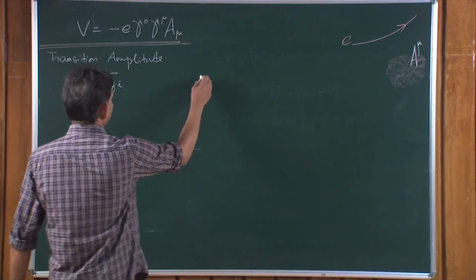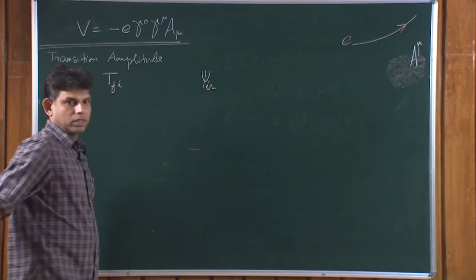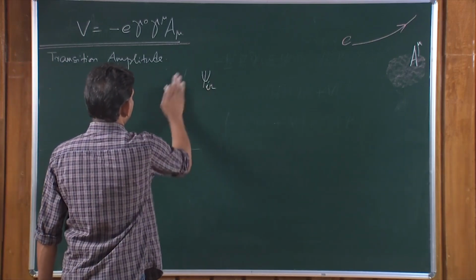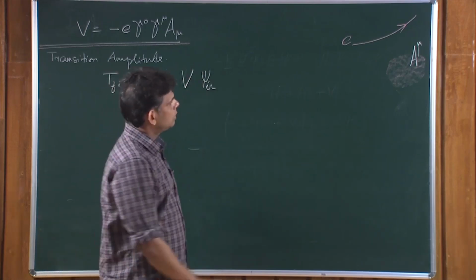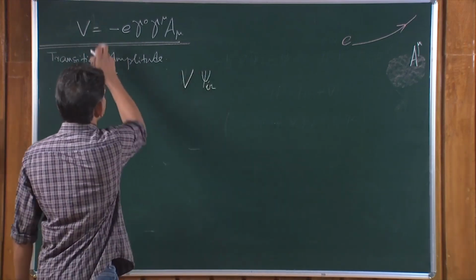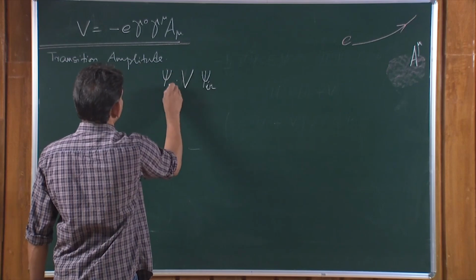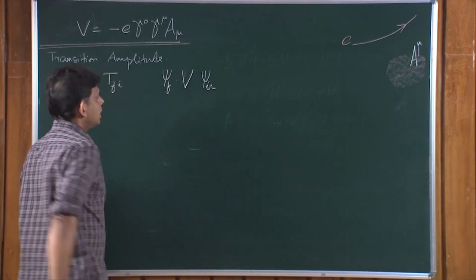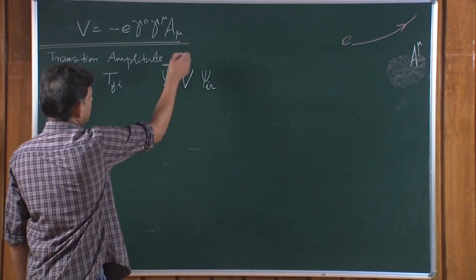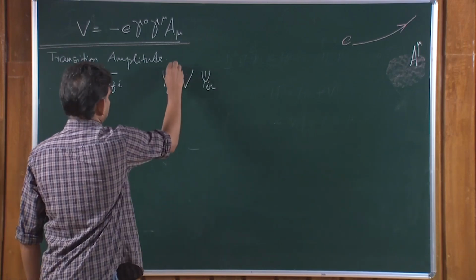So, the electron is represented by an incoming wave function psi, interacting with some potential V. To start with, we will consider it as some V, and that V is represented by this, and finally going into a final electron. That outgoing electron is given as a psi dagger in fact.